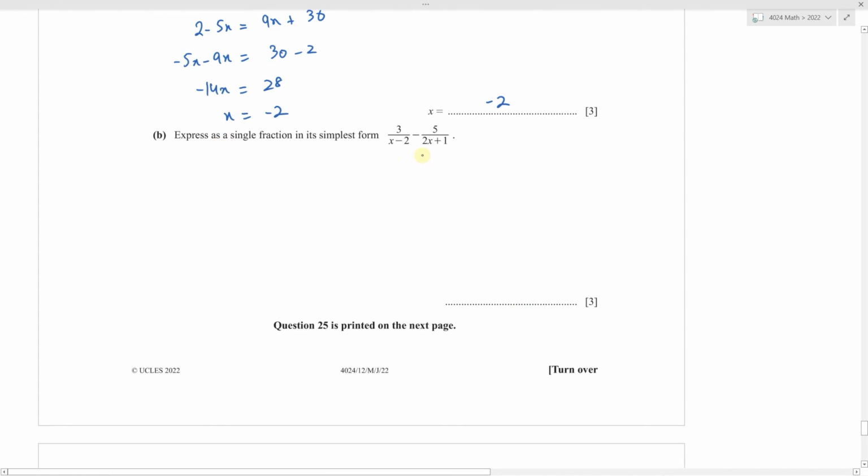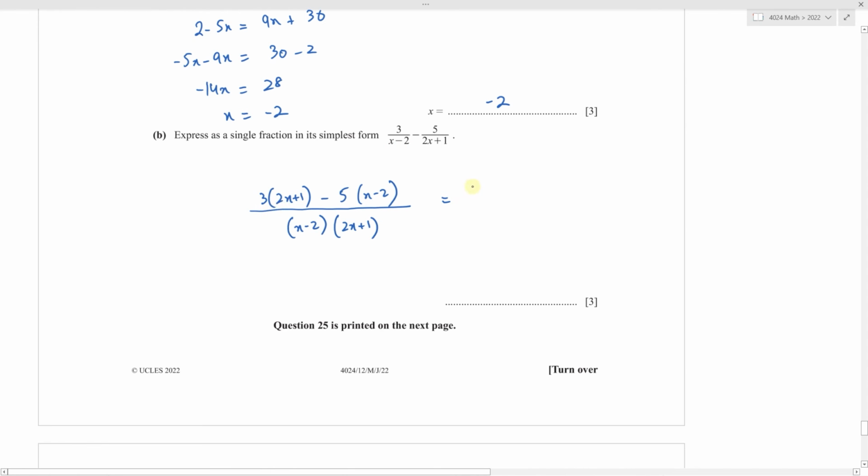Part B, expressed as a single fraction. So we'll take the LCM: x minus 2 multiplied by 2x plus 1. So this 3 will be multiplied by 2x plus 1, minus 5 will be multiplied by this x minus 2.